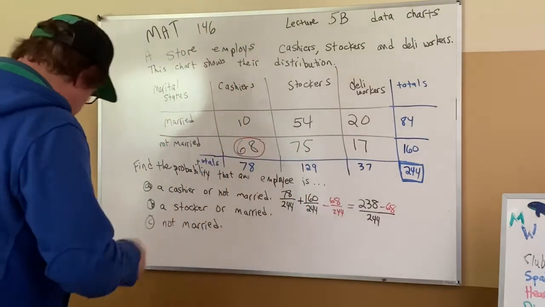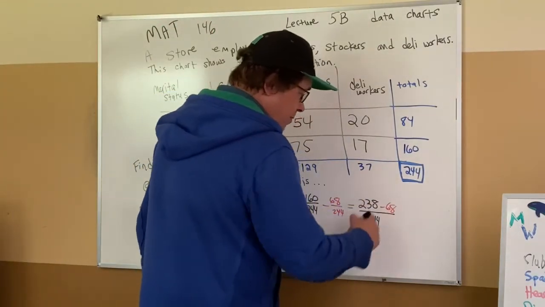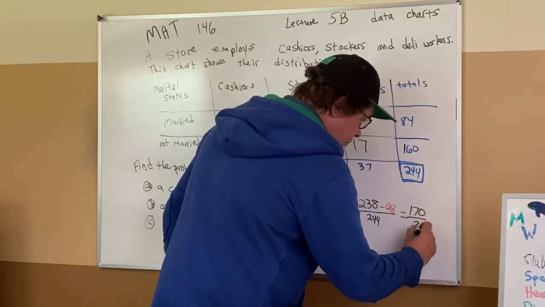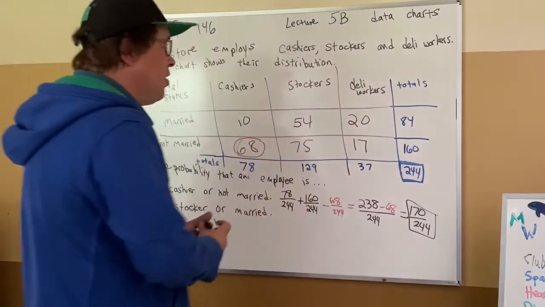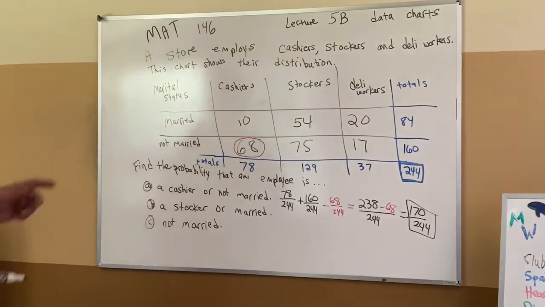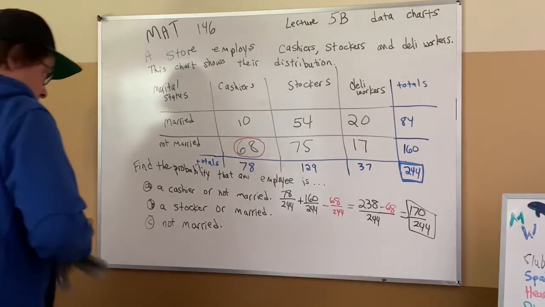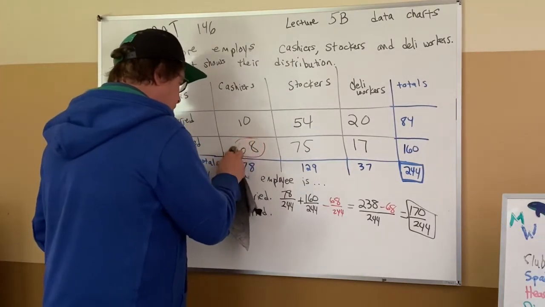Again, you'll get to 170. Look where this takes us. Take the 238 minus the 68, you're going to get 170 over 244. So we're looking at this chart and its representation of why these are not disjoint. For A, it's those 68 non-married cashiers. Now, we've got part B and C on the same chart.